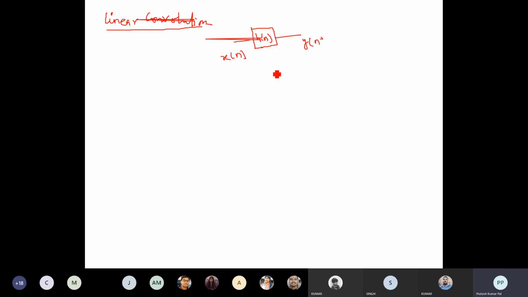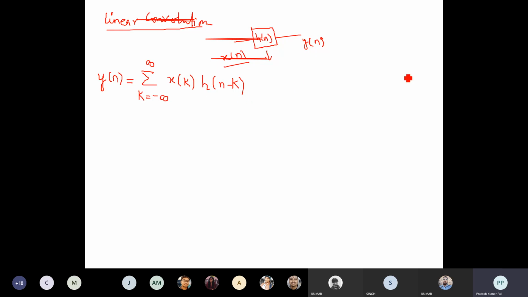So suppose x of n is given and a system property is given, that is h of n. Then to find y of n, that is your response, y of n is equal to summation k equals minus infinity to plus infinity x of k and h of n minus k.